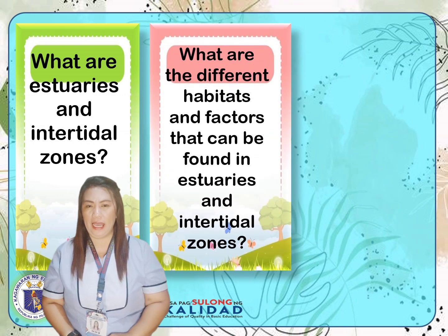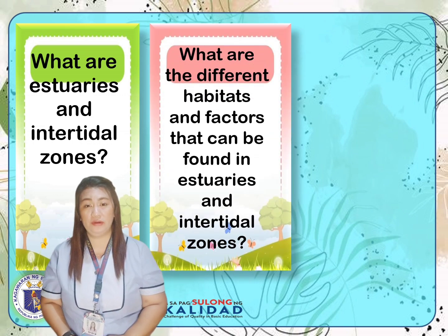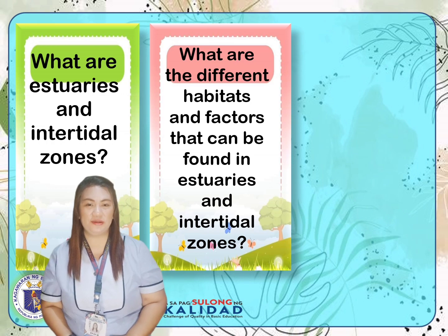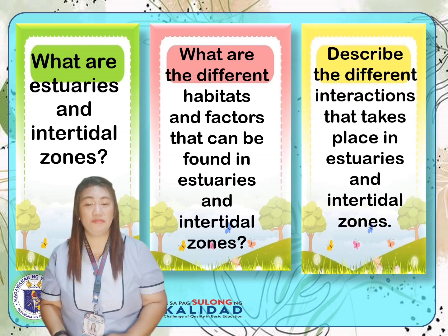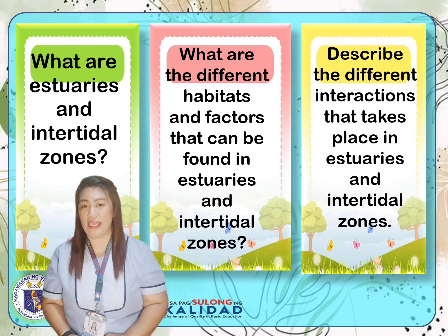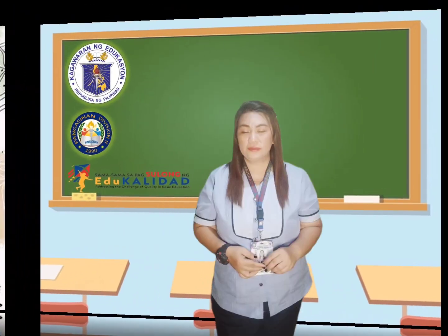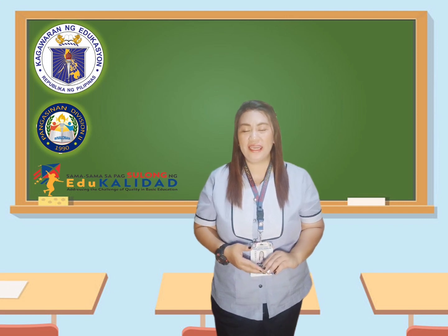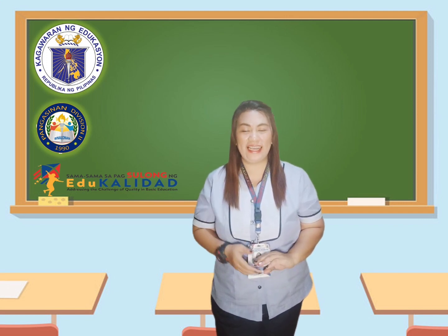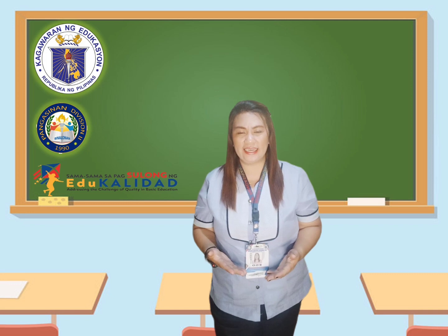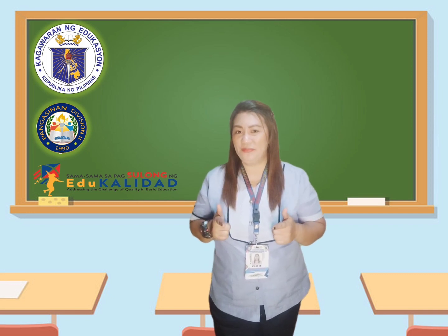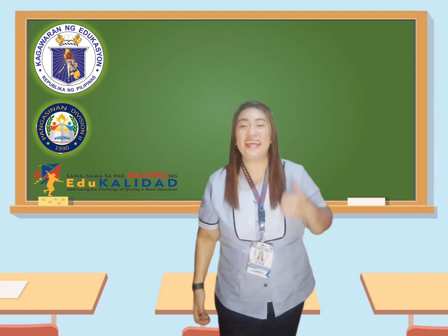What are the different habitats and factors that can be found in estuaries and intertidal zones? Describe the different interactions that take place in estuaries and intertidal zones. As we go along the way, we will be answering these 3 guiding questions and learn science. Are you ready now? If yes, then come and let's get started.